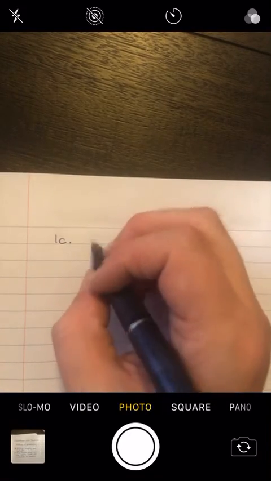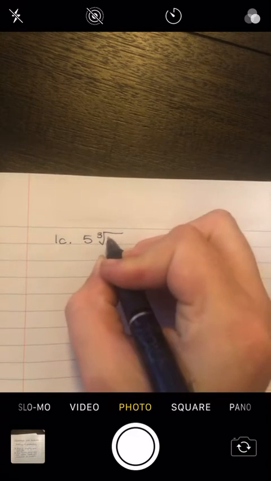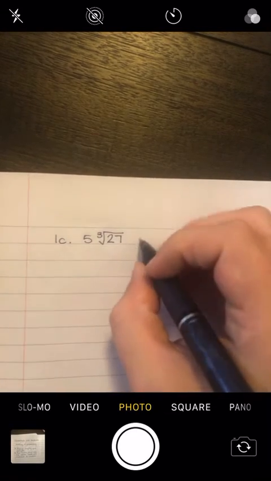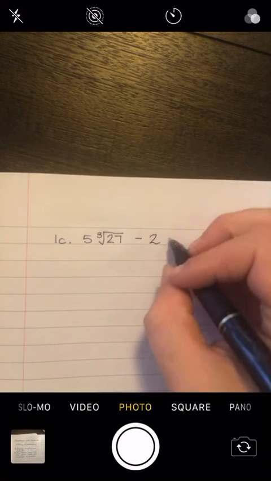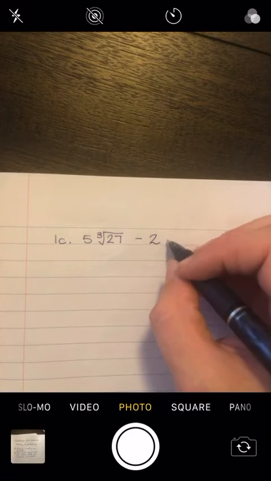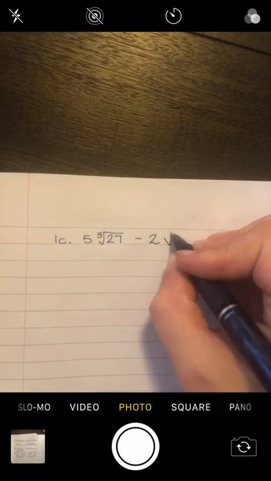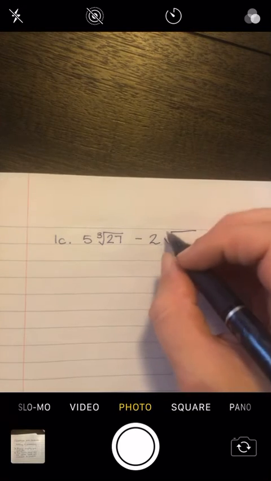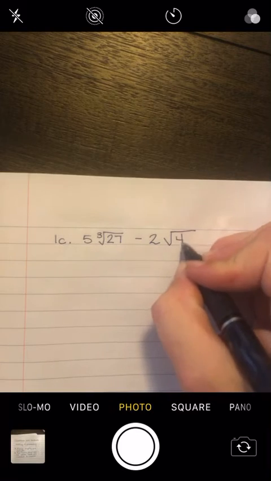1C: 5 times the cubed root of 27 minus 2 times the square root of 4.